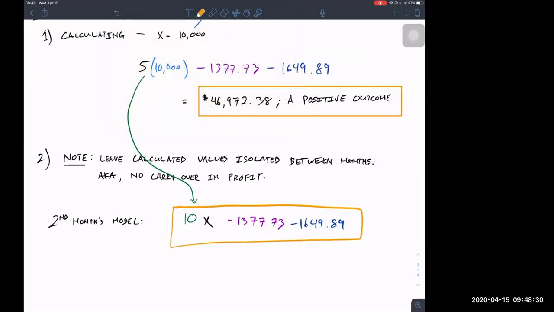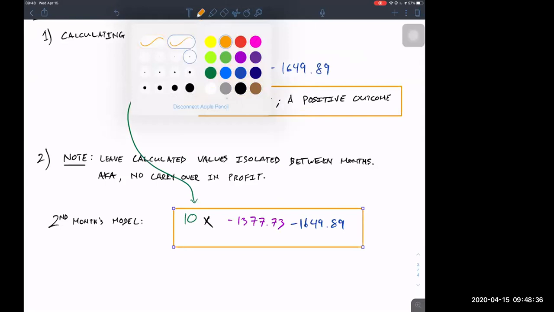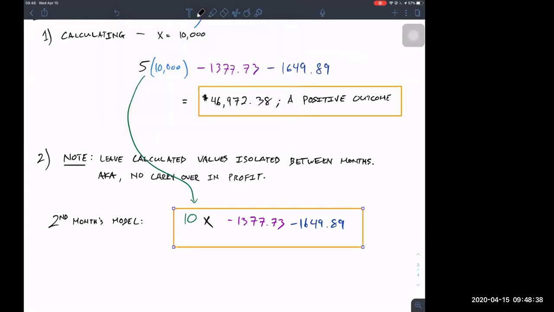Now, some students in the past, they like to explain this in words. They don't always have to do the algebra because maybe they're more articulate in their writing.